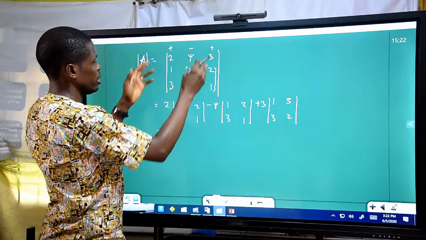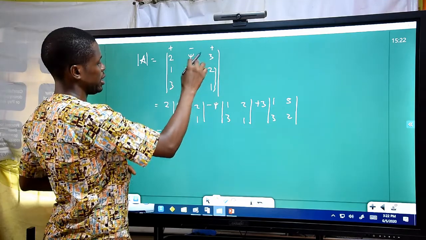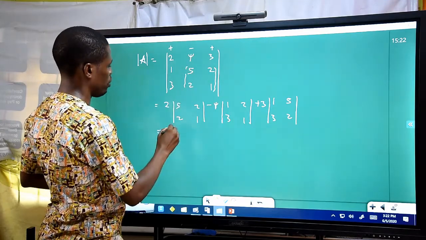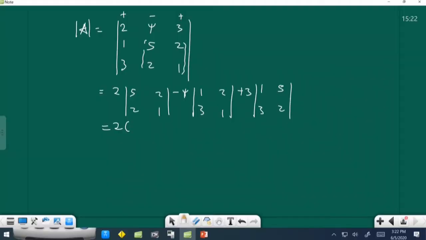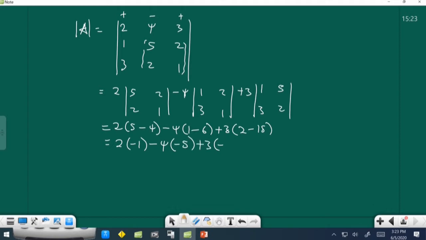So we have reduced this 3 by 3 into 2 by 2 matrices. So we have 2 in brackets 5 minus 4, minus 4 in brackets 1 minus 6, and plus 3 in brackets 2 minus 15. So that will give us 2 in brackets minus 1, minus 4 in brackets minus 5, then plus 3 in brackets minus 13.